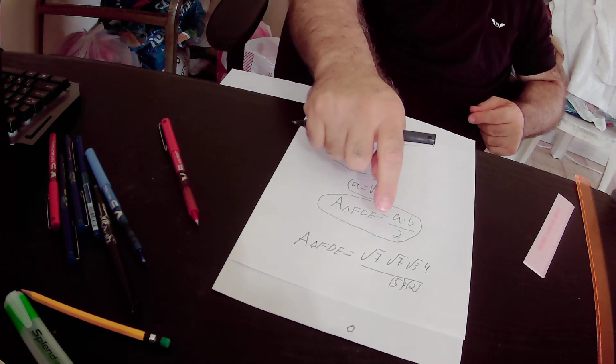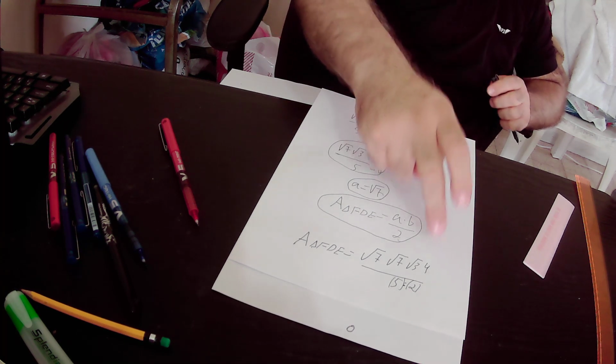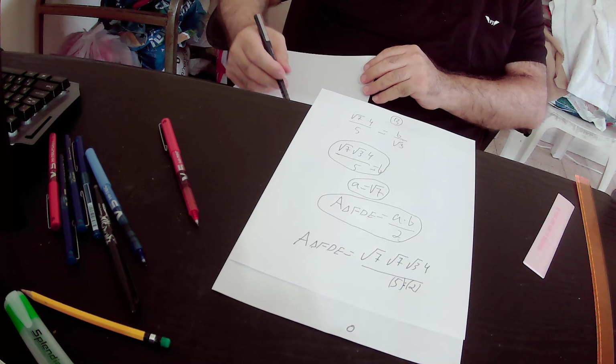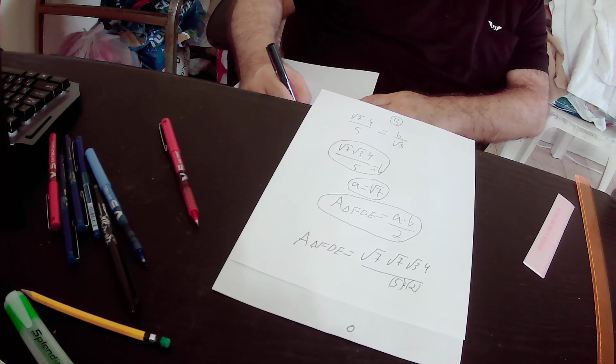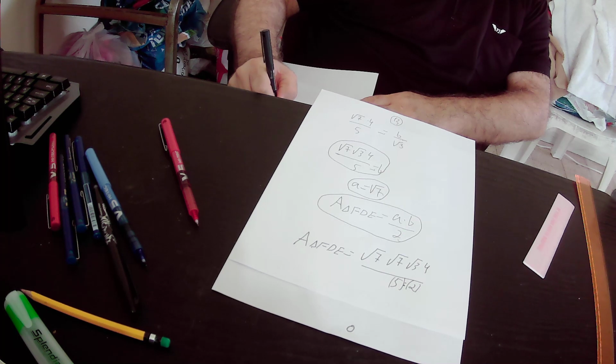Here we have root 7 times root 7 is 7, and 4 over 2 is 2. So we can write down that the area of the green triangle FDE equals 7 times root 3 over 5 times 2.